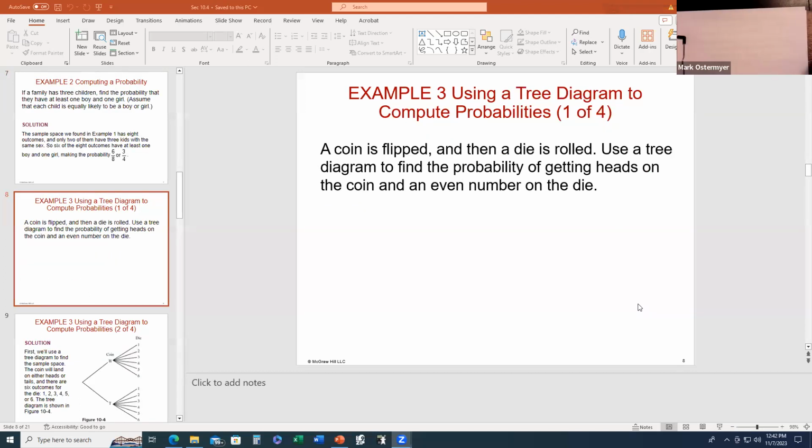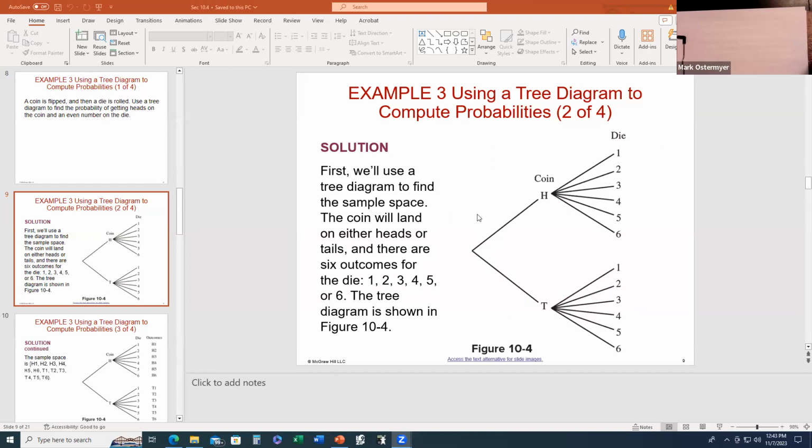All right, here's another example. I'm using a tree diagram to compute some probabilities. A coin is flipped and then a die is rolled. Use a tree diagram to find the probability of getting heads on the coin and an even number on the die. Well, to build this tree, it doesn't really matter what your main branches are to begin with.